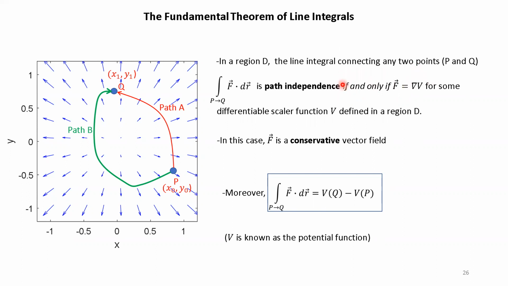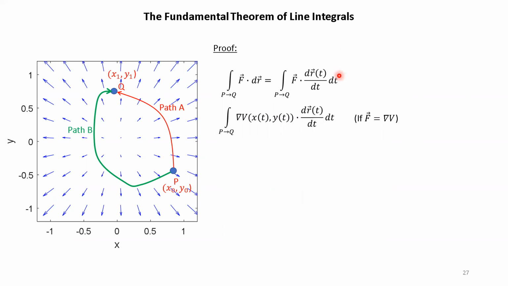That means suppose I already know that this field f is coming from the gradient of a function. Then my line integral can be written in this form. So this f becomes the gradient of some function.